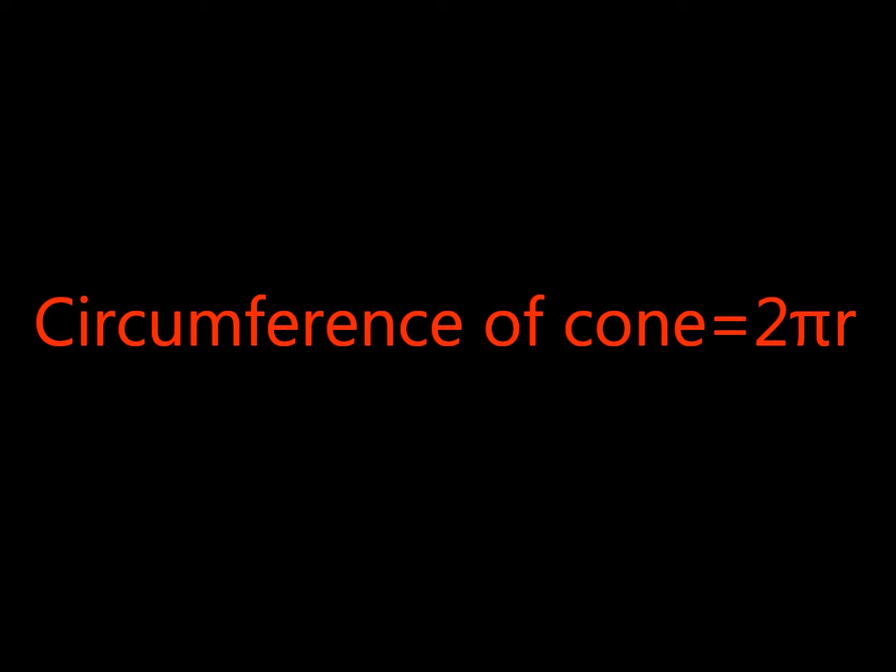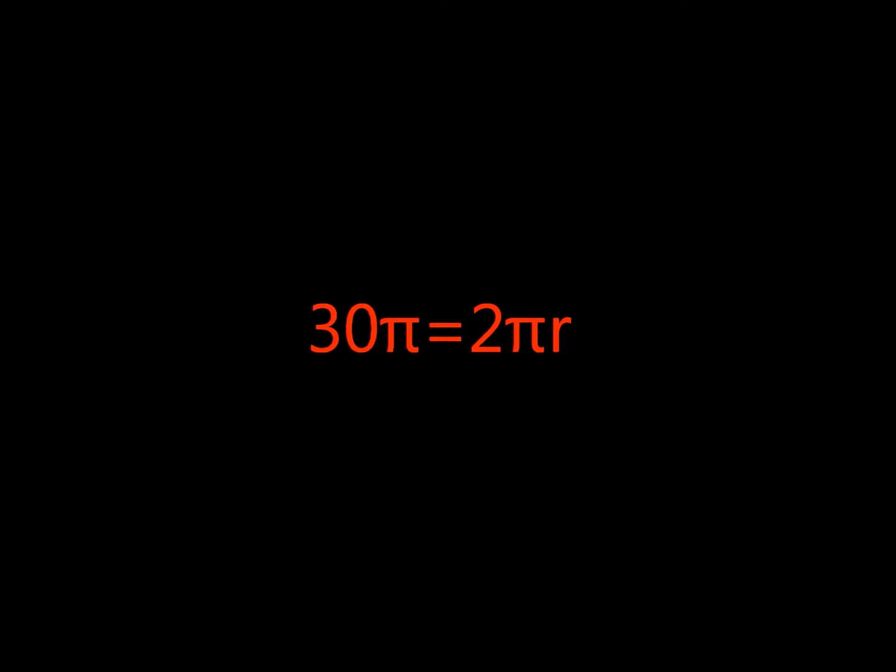So it should read as circumference of cone equals 2 pi r. At this point, we already know that the circumference of the cone is 30 pi. So it now reads 30 pi equals 2 pi r. We must also remember that r here now represents the radius of the cone.